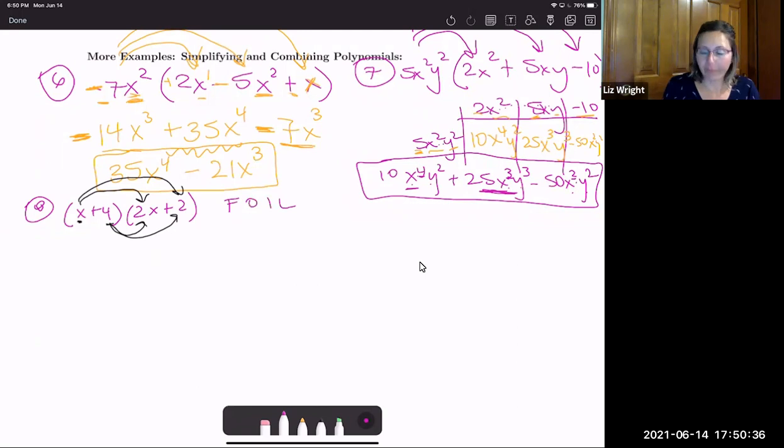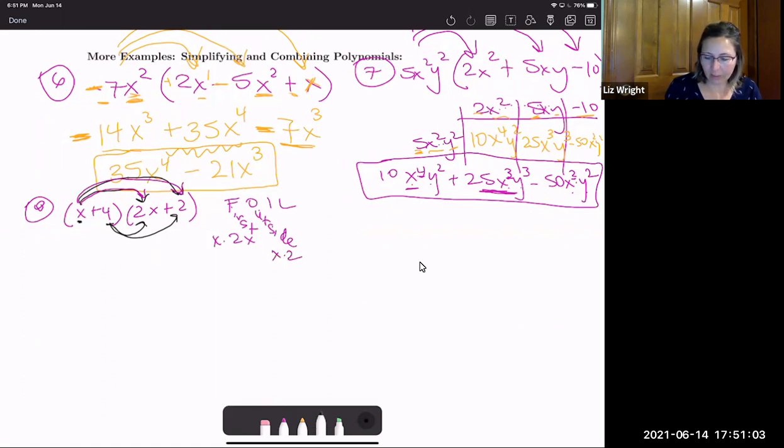So FOIL, the F stands for multiply the first terms, which is going to be x times 2x. And then we've got O, which is going to be outside. So then you multiply the outside terms, which again is x times 2.